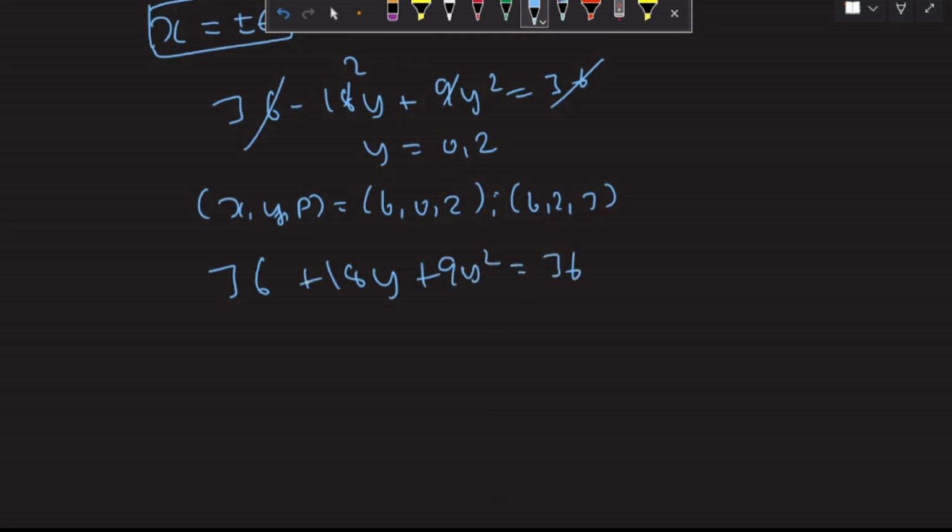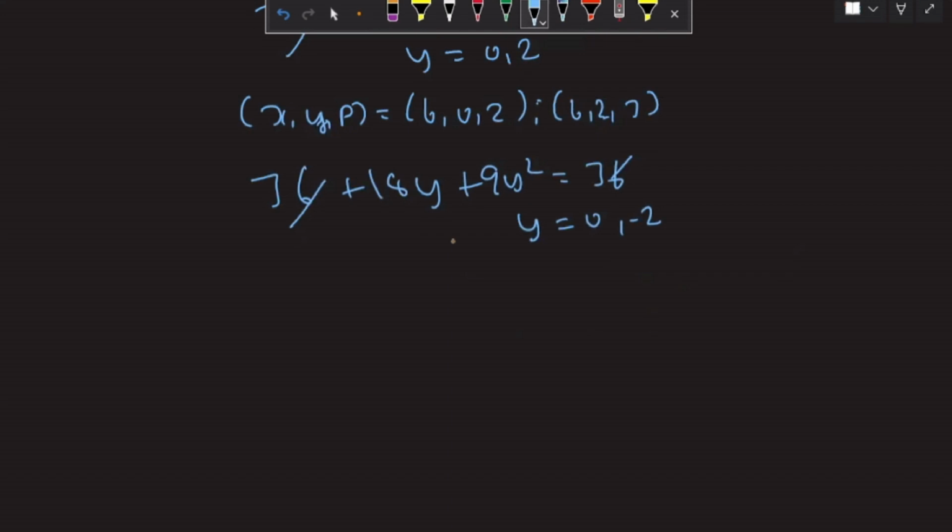So from here, after solving, we get y is equal to 0 and minus 2. So we have found out the values of y, 0 and minus 2, corresponding to which we have the triplets x comma y comma p as minus 6 comma 0 comma 3 and minus 6 comma minus 2 comma 3.